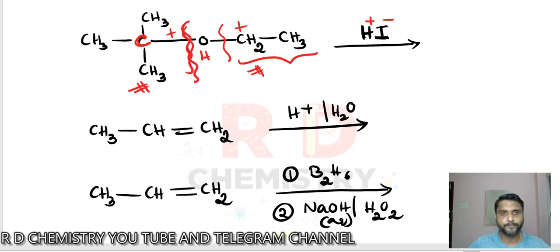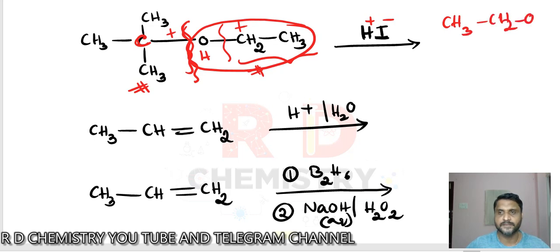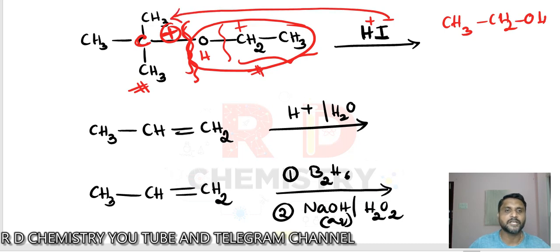So therefore, what will happen now? First, we get ethyl alcohol, CH3CH2OH. And the positive charge will remain on the tertiary butyl carbocation, which is more stable. Now, in this case, I minus goes and combines with the tertiary butyl carbocation, though it is a bulkier group.